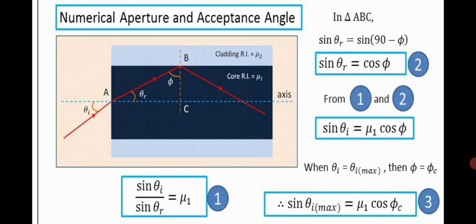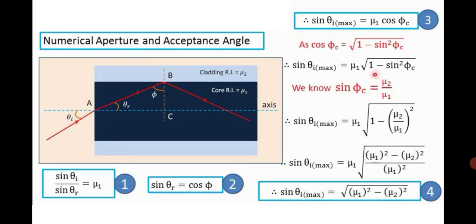Now in triangle ABC, with C a right angle, sine of theta r is equal to sine of 90 minus phi. So 90 minus phi is cos of phi. So sine theta r is equal to cos phi. Then from equations 1 and 2, sine theta i is equal to mu1 cos phi, and sine theta i maximum is equal to mu1 cos phi.